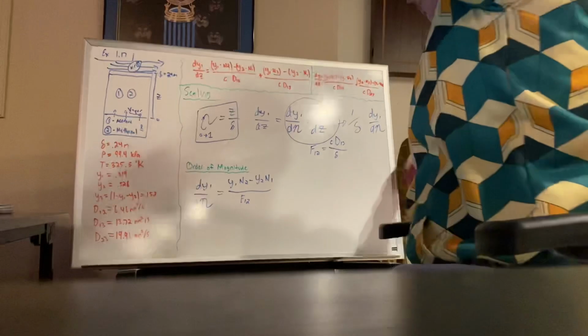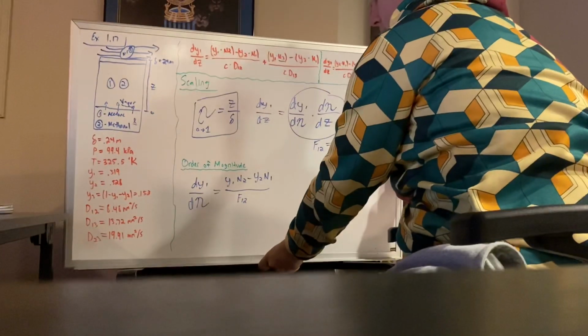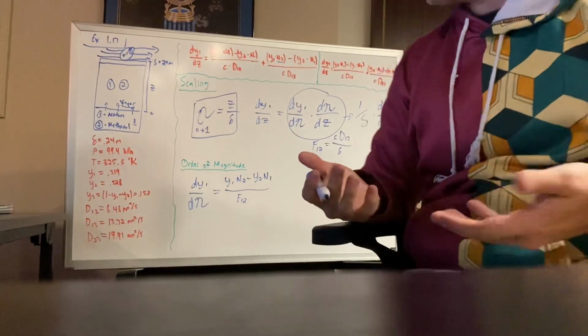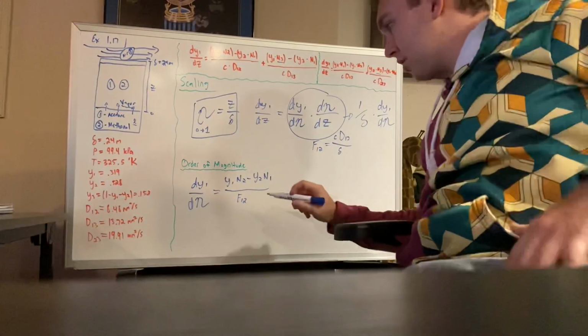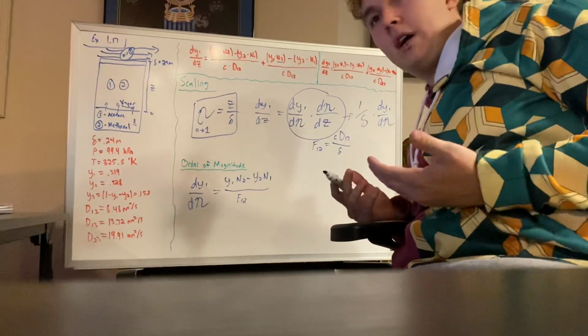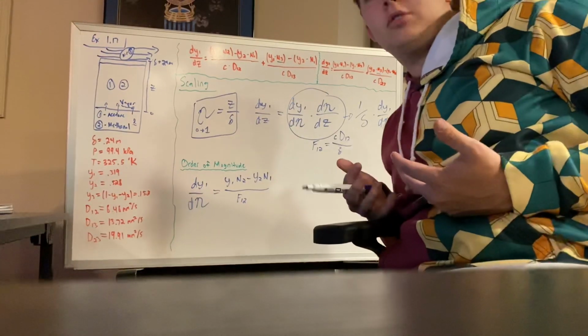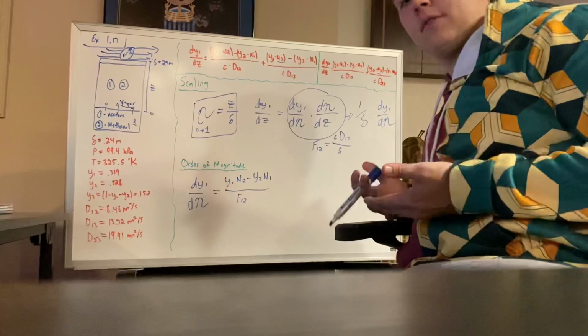And so this here is our new equation after we substitute all this in and even it out. Once we start looking at this, we need to figure out what the orders of magnitude are for potentially N1 and N2 so that we can put those guesses into the code.